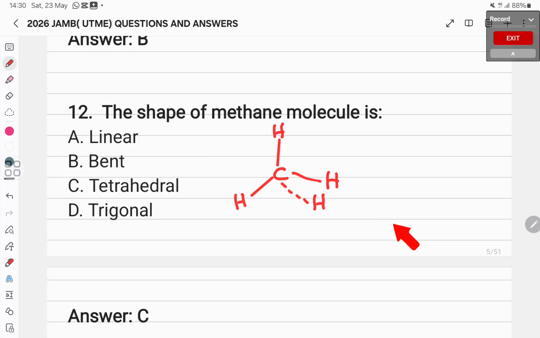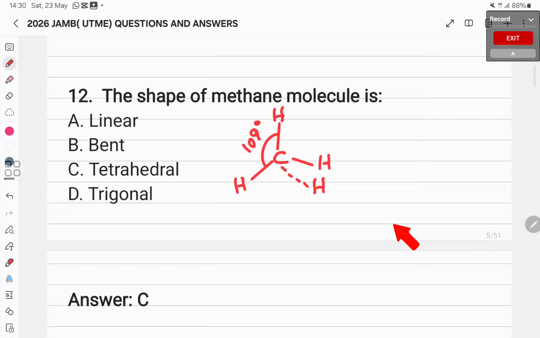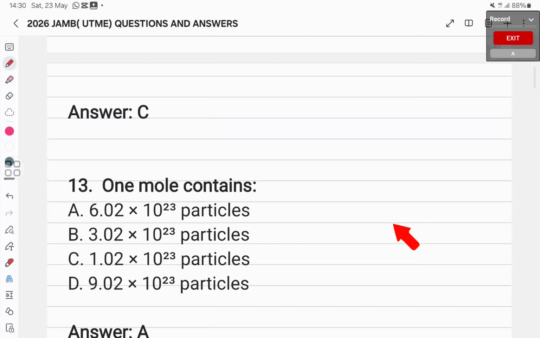This is a tetrahedral shape of methane molecule. The angle here is usually 109 degrees approximately. So tetrahedral shape is the shape of a molecule of methane.